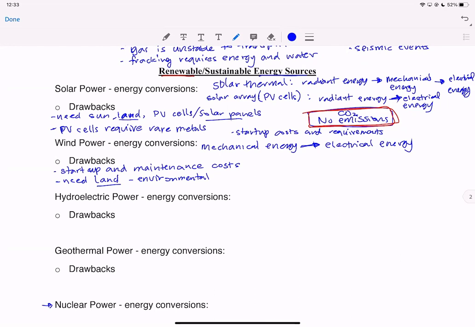And that is an issue, can be an issue as well. But it is used in conjunction with solar. So if you can put some windmills around your solar arrays, you're kind of taking advantage of when it's not sunny, it's windier. When it's not windy, it's sunny. And that's a good use of land.